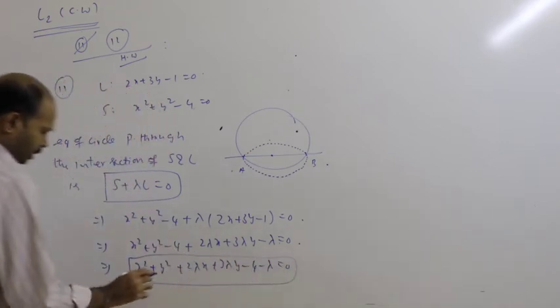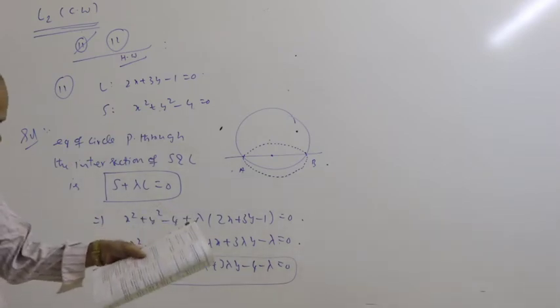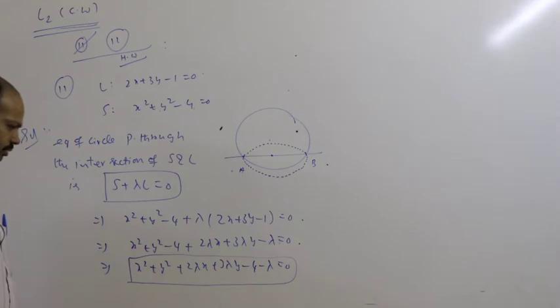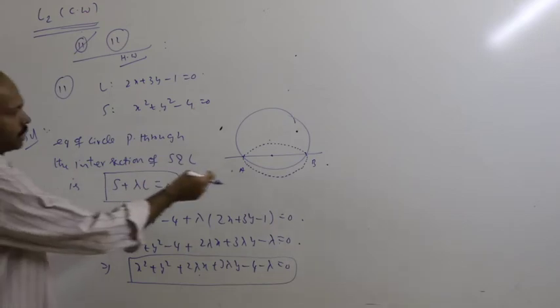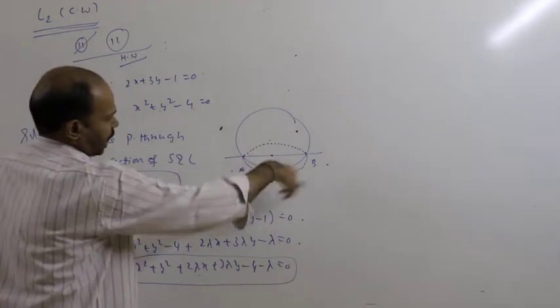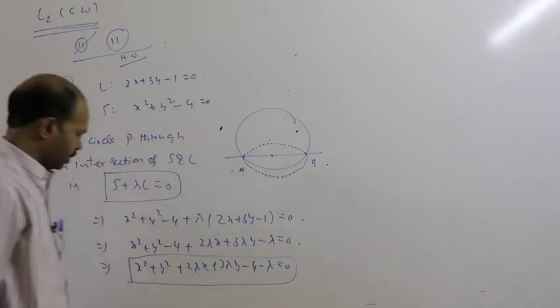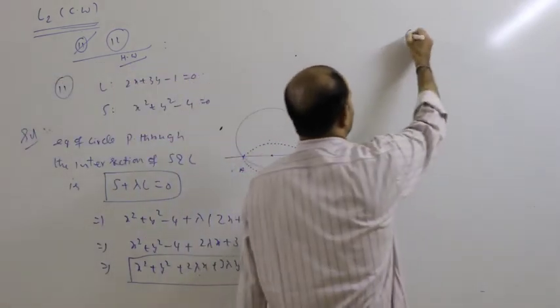He is asking for the circle equation. Actually, this is the equation of the circle, but we need the lambda value. He is saying that AB acts as the diameter. That means the center of the circle lies on the line AB. What is the center of this circle?